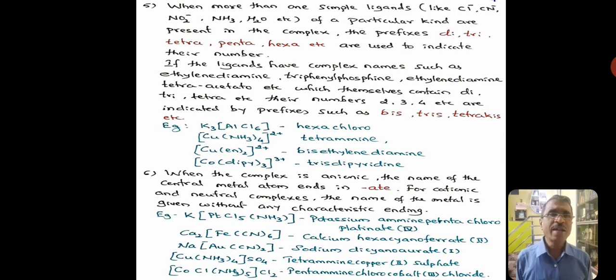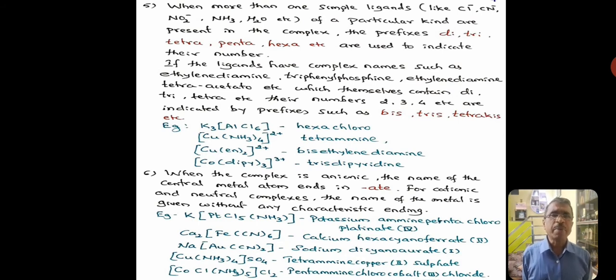Now coming to another rule of IUPAC: when the complex is anionic, the name of the central metal atom ends in -ate. For cationic and neutral complexes, the name of the metal is given without any characteristic ending. Now, the example I have given, K[PtCl₅NH₃]. Here, potassium is a positive ion and the complex ion is a negative ion.